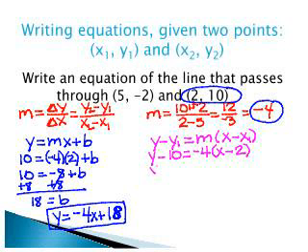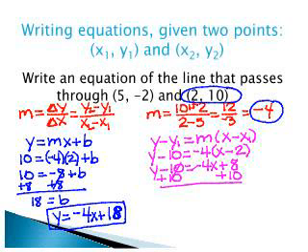And we simplify y minus 10 is equal to negative 4x plus 8. So we're going to add 10 to both sides. And y is equal to negative 4x.